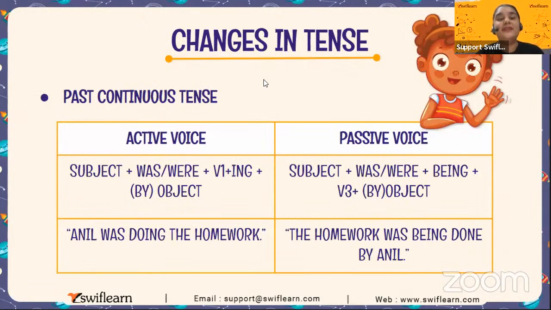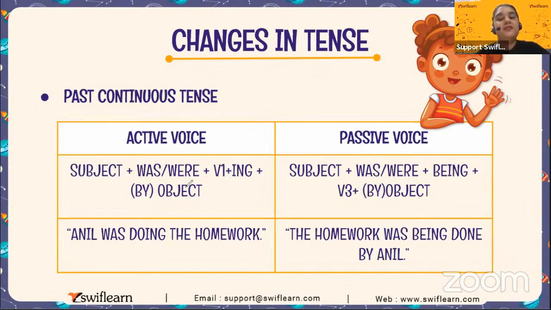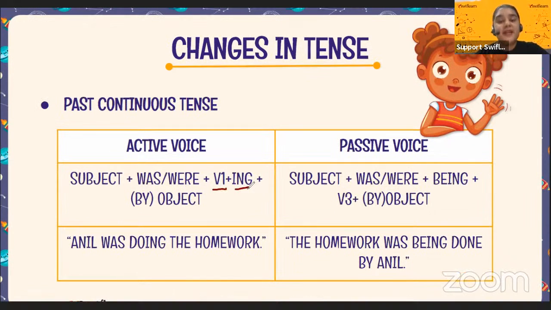Yes. Now, when there is past continuous tense, Ekta has given the sentence for past continuous tense. So how will you change it into passive voice, okay? In active voice, the rule is subject plus was/were plus verb first form plus ing, and the object will be there.